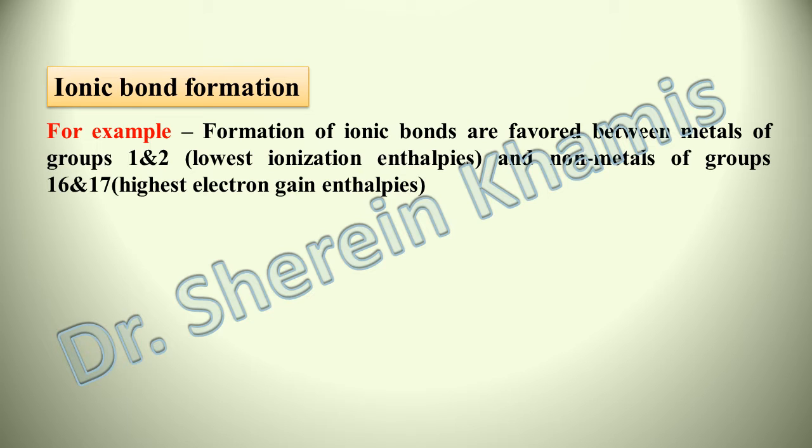As we studied in the first term, we have ionization energy. So what makes a stable ionic bond, or ionic compound, between the first and second groups and groups 17 and 16 of non-metals?